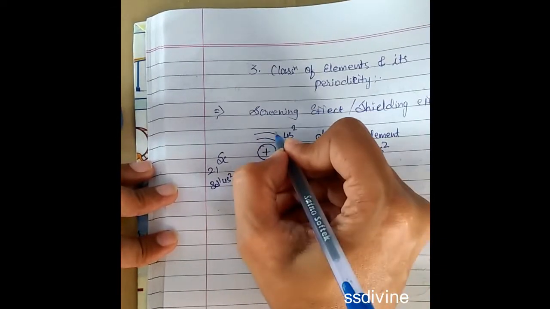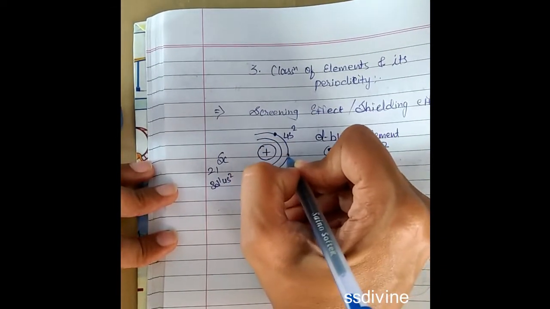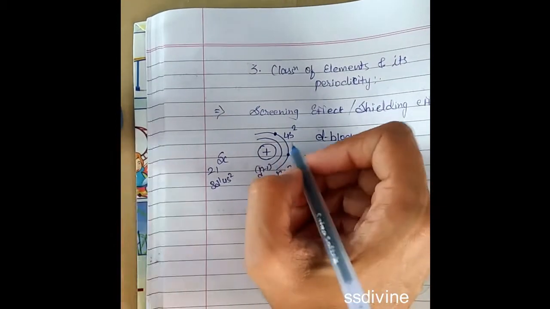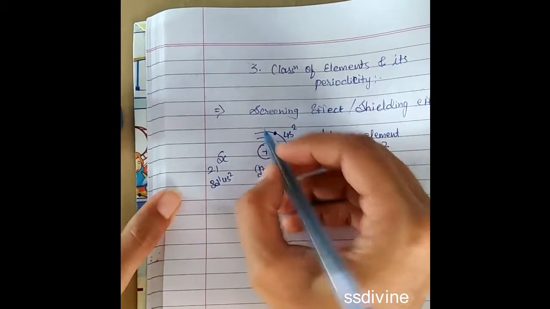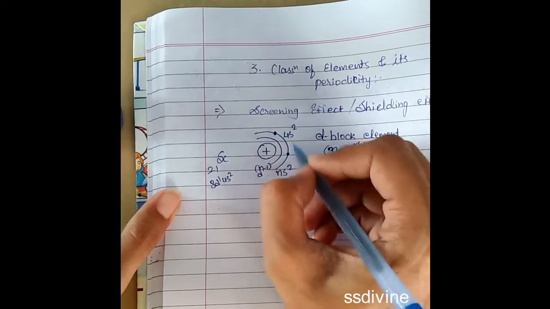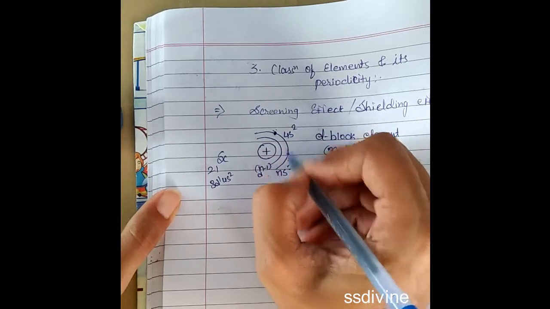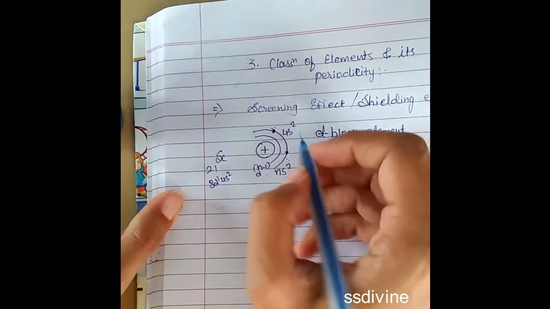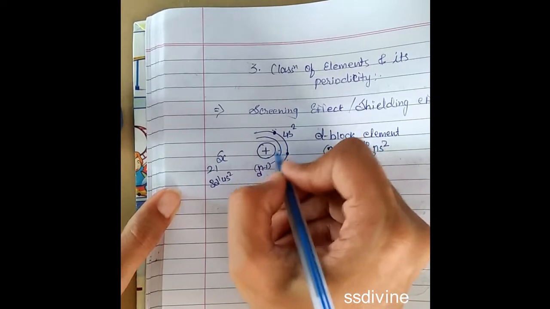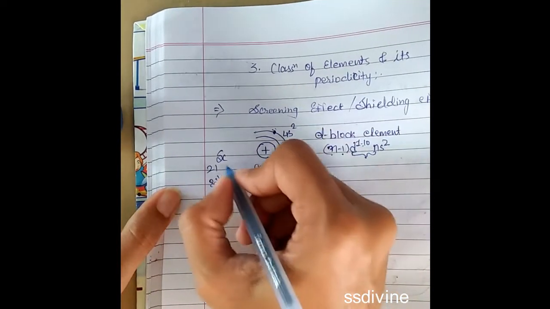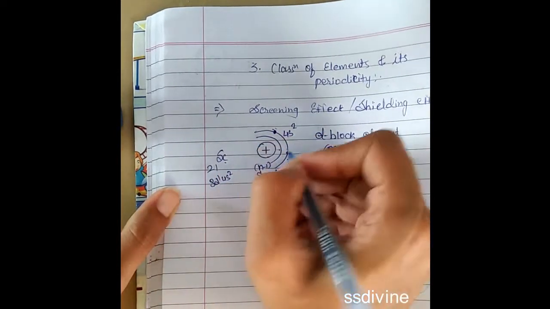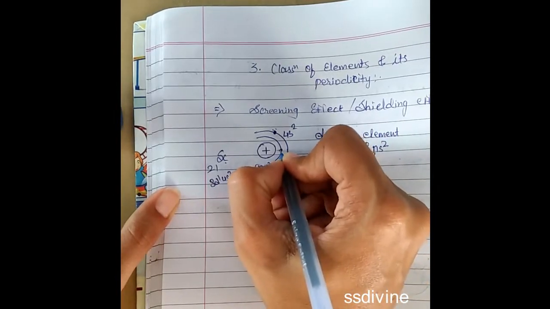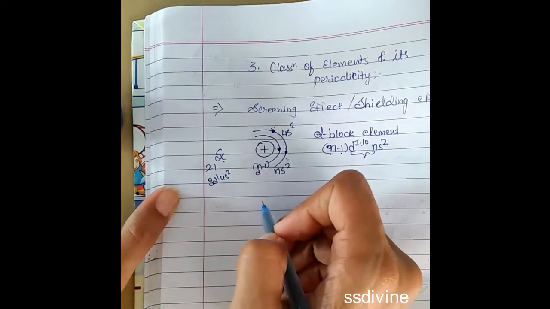So in 4s there are 2 electrons, and in D block elements we are seeing that the ns shell is completely filled with 2 electrons. 2 electrons are already there, and in the inner shell the electrons are to be added. So in scandium 1 electron will be added to the D shell, right?